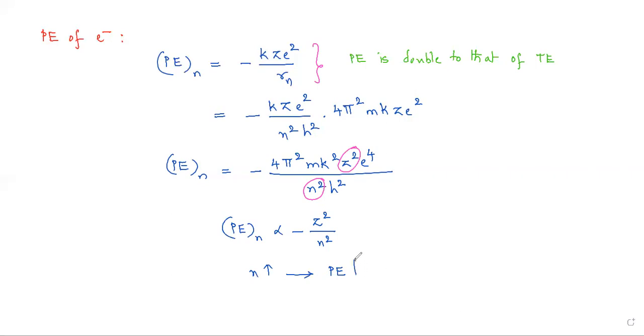That means the value increases. Right? So with increase in the value of n, total energy and potential energies increase, whereas kinetic energy decreases. That is interesting. Okay. Next.